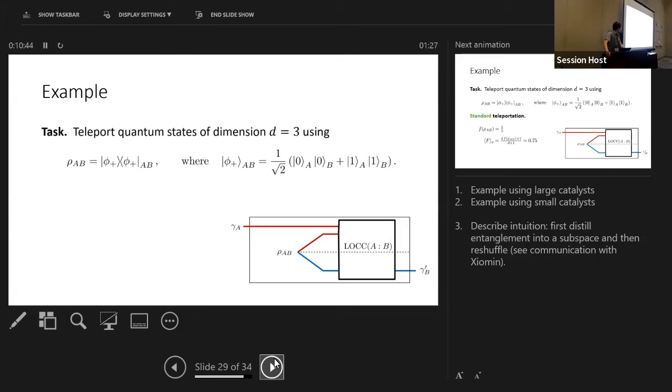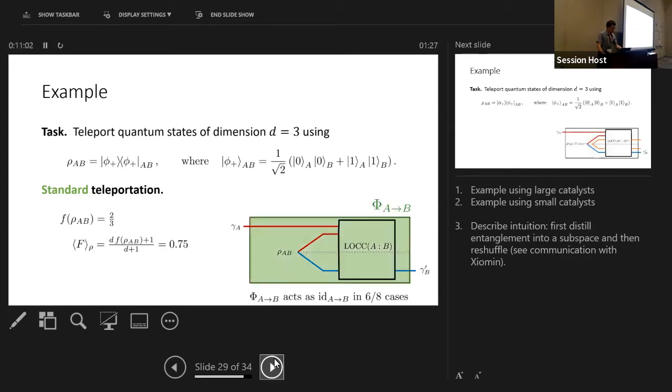So even though they do everything perfectly, they may never achieve the perfect fidelity of teleportation. And if we do the calculation, we will see it in the numbers. It turns out that the fidelity is roughly 0.75. If they look at their protocol as a channel from A to B, it will essentially act as an identity in 6 out of 8 cases on average.